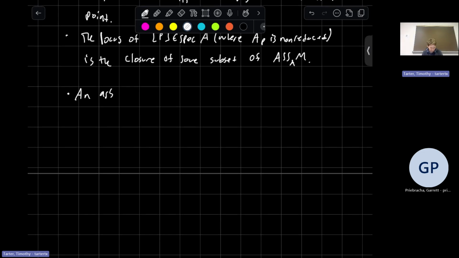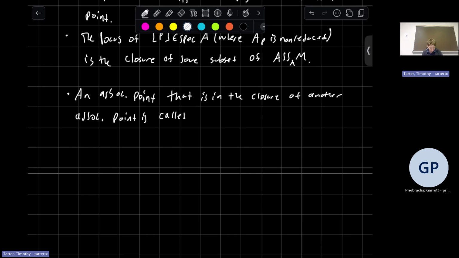An associated point that is in the closure of another associated point is called embedded.